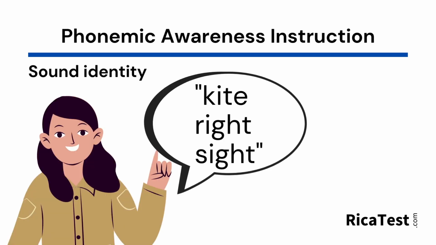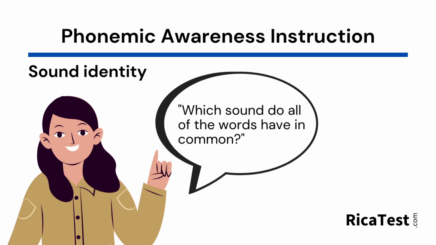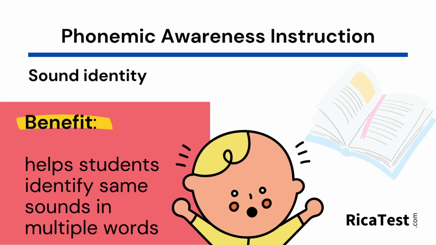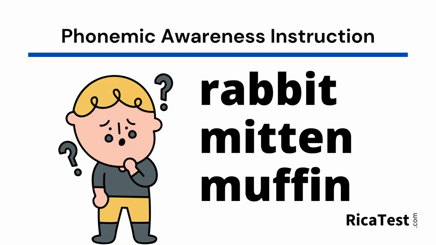The instructional strategy starts as the teacher says the focus words kite, write, sight, and then asks the student, which sound do all of these words have in common? And the student will say the sound that's in common, I. Building sound identity helps students identify same sounds in multiple words.